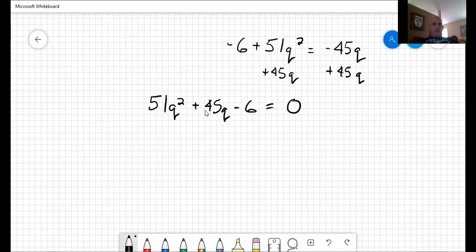Now the process goes to factoring. So this is a negative sign. I have a coefficient on the front, so I need to leave myself some space for these q's. I'm going to have a plus sign, and a minus sign, because this one's telling me I have opposite signs.